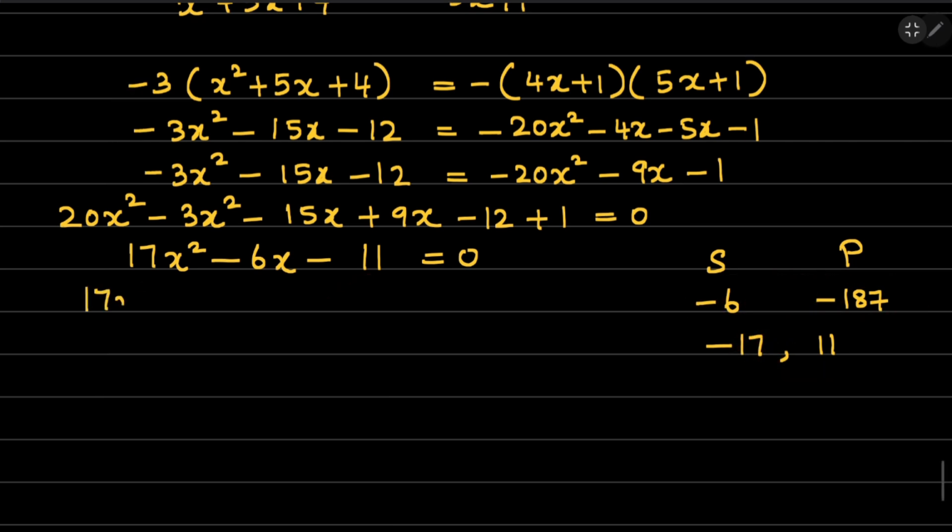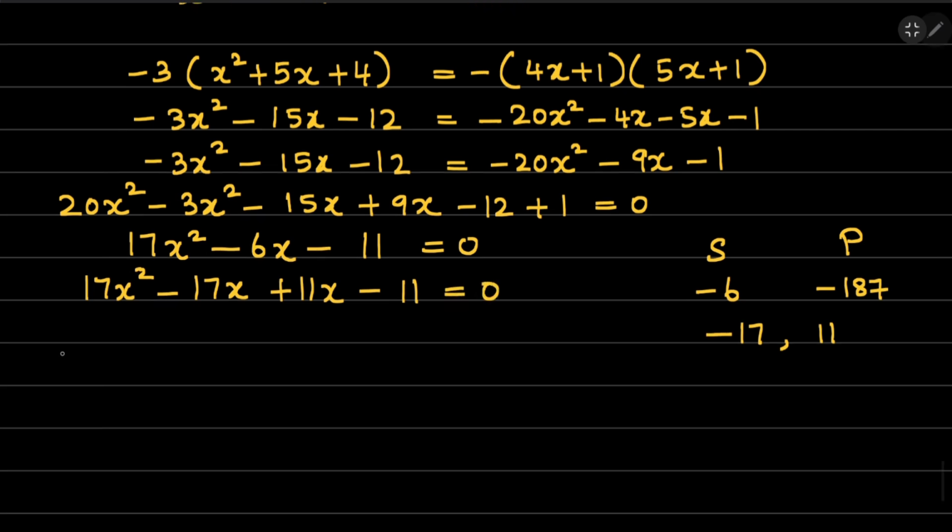So you have got 17x square minus 17x plus 11x minus 11 equal to 0. Okay, take 17x common. So you'll have x minus 1 plus 11 common x minus 1 equal to 0.